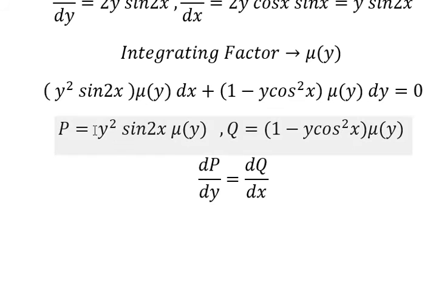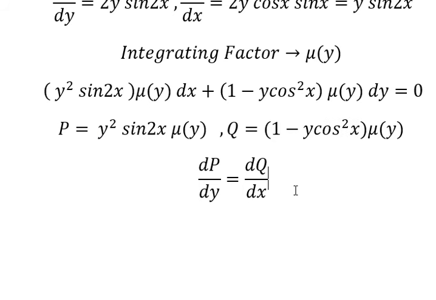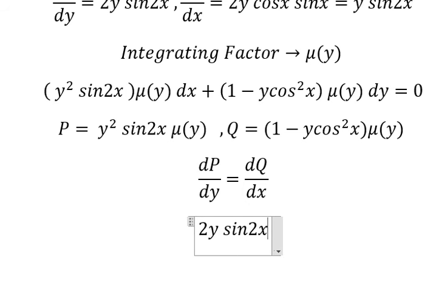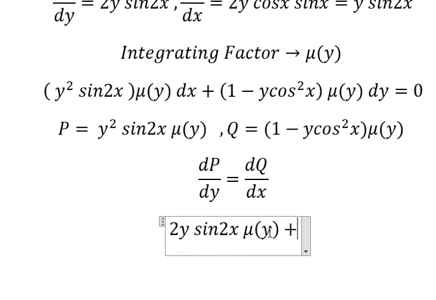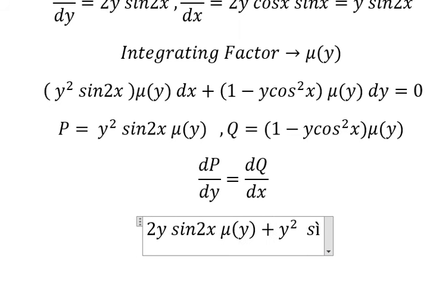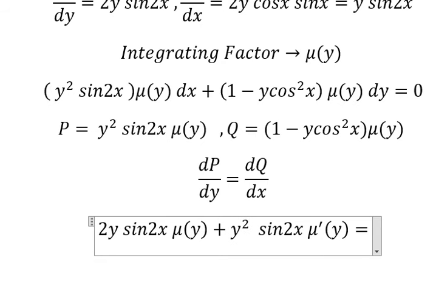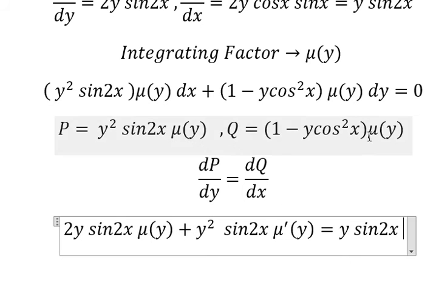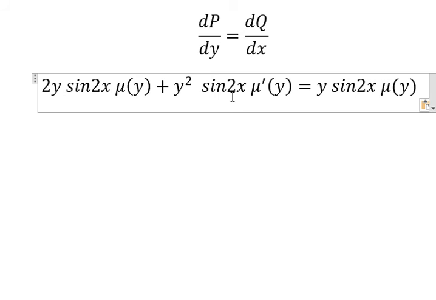And now if we do first the derivative of this one and this one, we have like this. And now we divide both sides by y sin 2s.